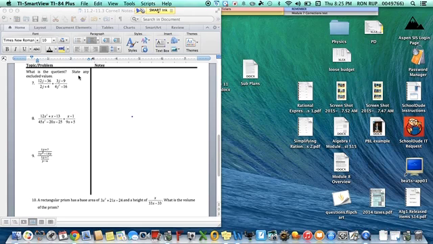The reason is because you would have to find 3 sets of excluded values. You would have to find that set after you factor, this set after you factor, and once you flip this to do your multiplication, you would actually have to find the excluded values of that. And I'm not trying to make this harder than it has to be.